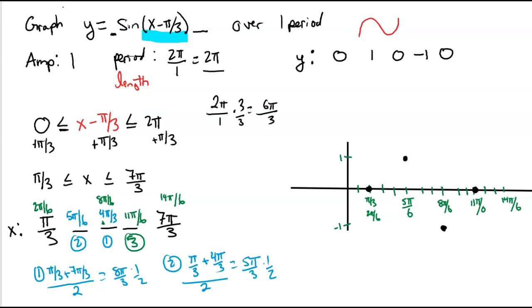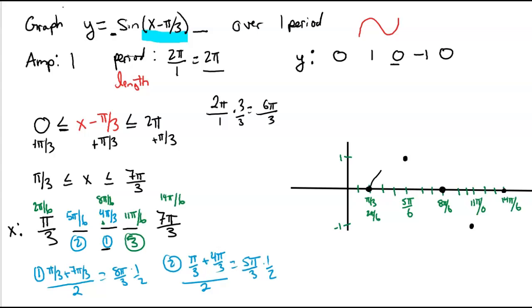And 14, oh sorry, I just realized I made a mistake. Hold on. I skipped 0, so let me erase that. 8 pi over 6, sorry, this one right here, would have been the third one, so that would have given me 0. This 11 pi over 6 is my fourth one, which gives me -1, and then I'm right back to 0. So I skipped 1, I apologize for that.